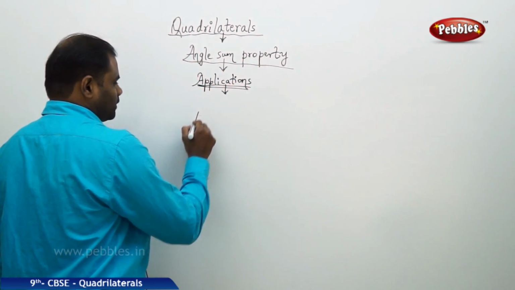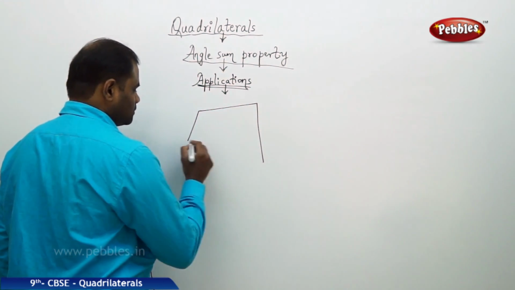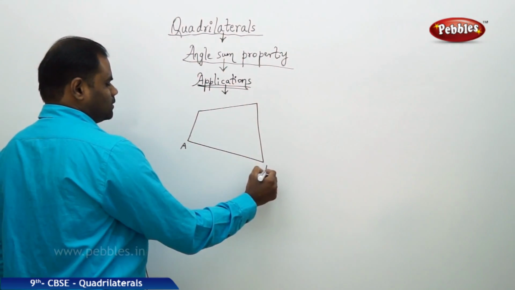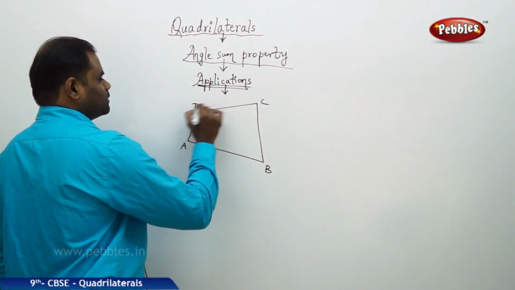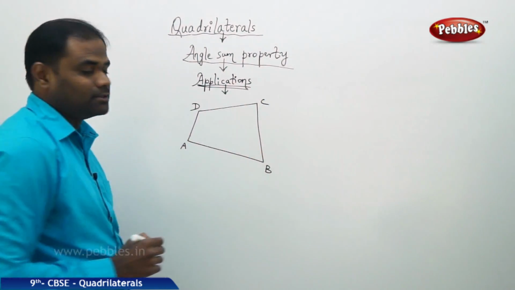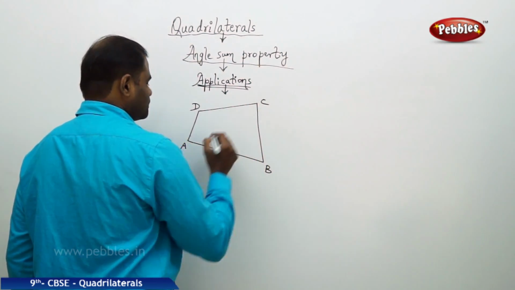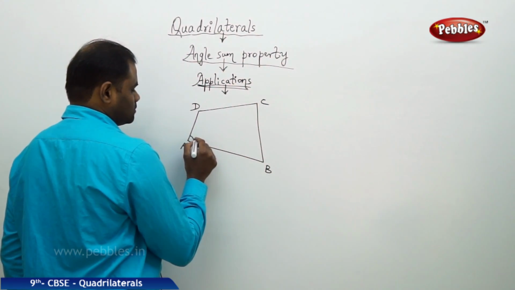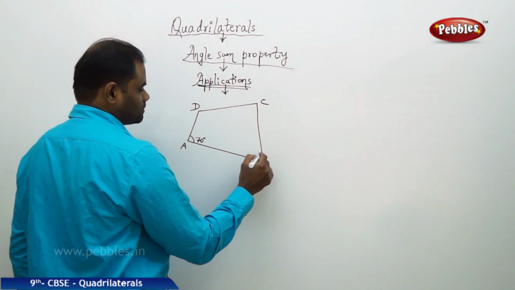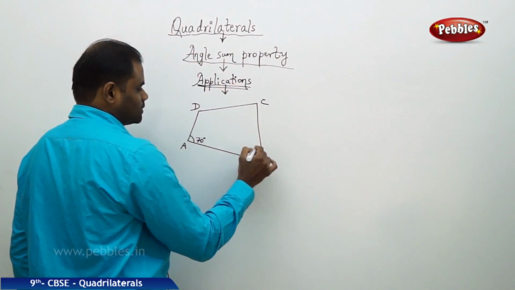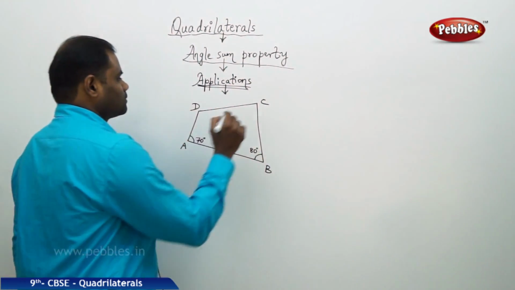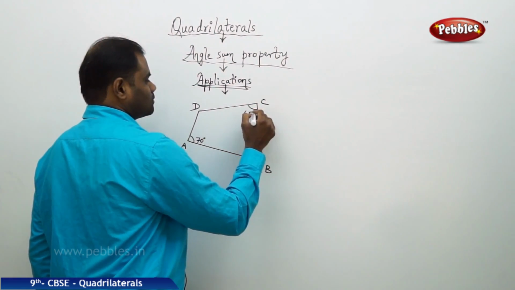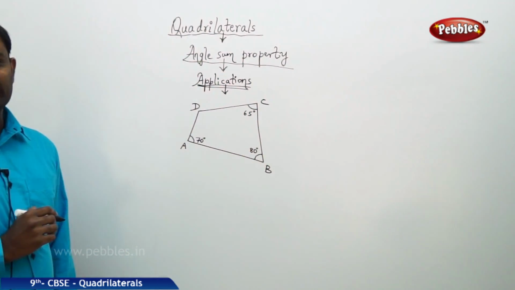For example, I have a quadrilateral ABCD, in which this angle is 70 degrees, this is 80 degrees, and this is 65 degrees.